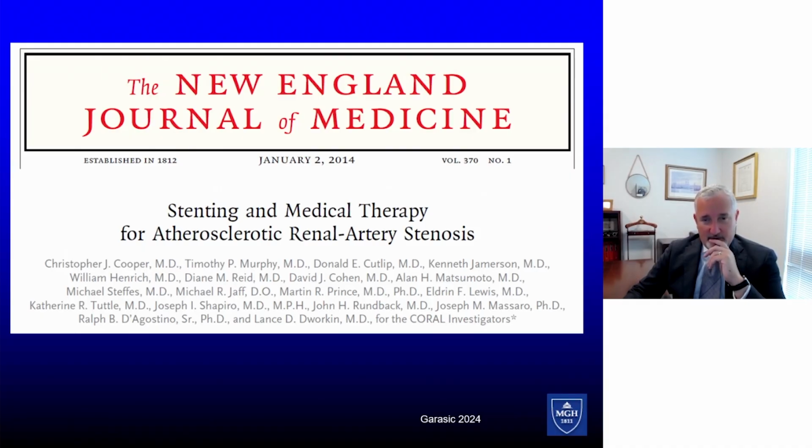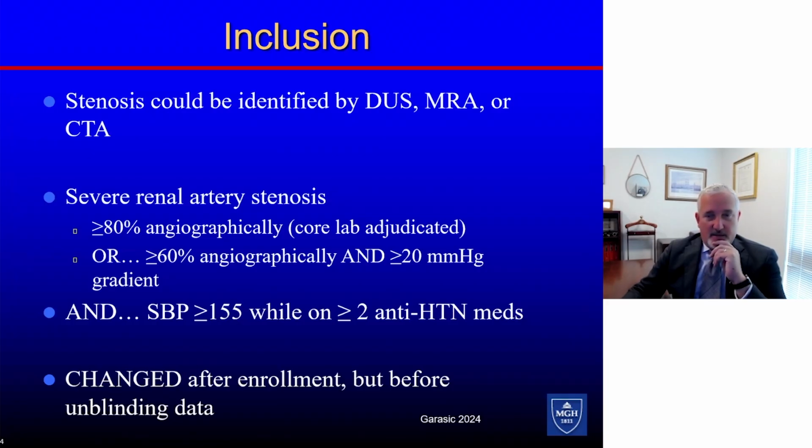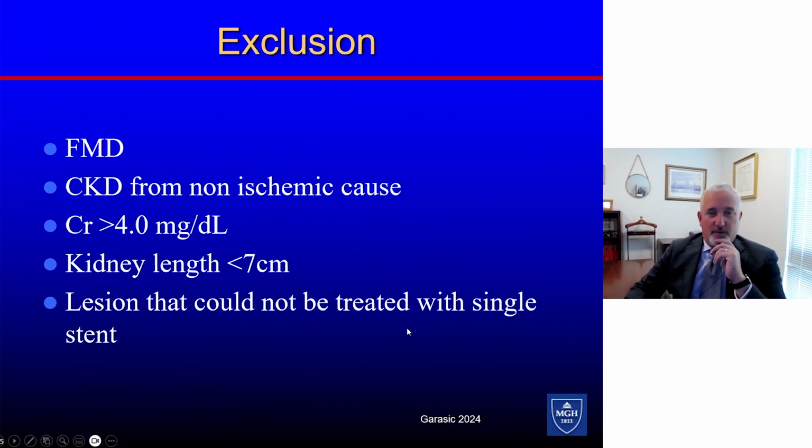They started out very strong, looking for greater than 80% renal artery stenoses, or if there were lesser degrees of stenoses, they had to have a significant gradient across the lesion. They were looking for significant systolic blood pressure on at least a couple of antihypertensive medications. They were excluding people with marked renal impairment, which is reasonable, fibromuscular disease, shrunken kidneys, etc.